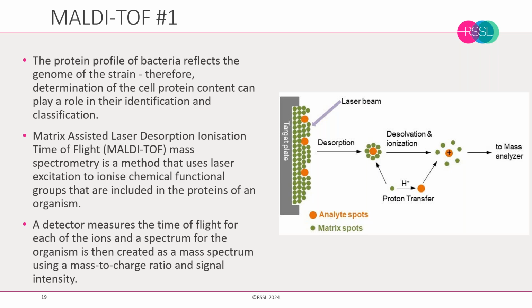Therefore, determination of the cell protein content can play an important role in their identification and subsequent classification. So we can take that principle and then utilize pre-existing technology, and that technology is MALDI-TOF.